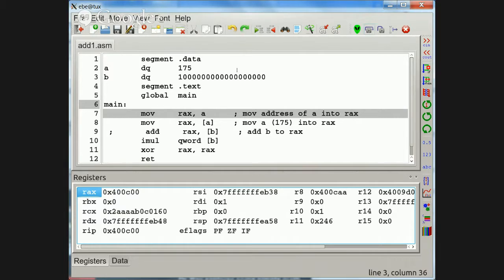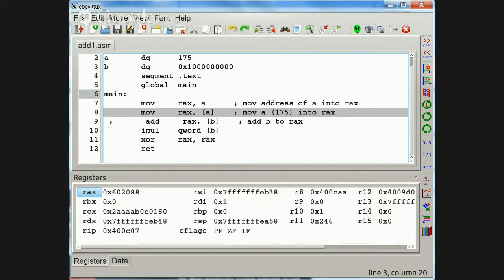Oh, well, the result is multiplying by a decimal number. Let's multiply it times a hexadecimal number. That way we'll preserve the bits of 175, just shift them left a whole bunch.